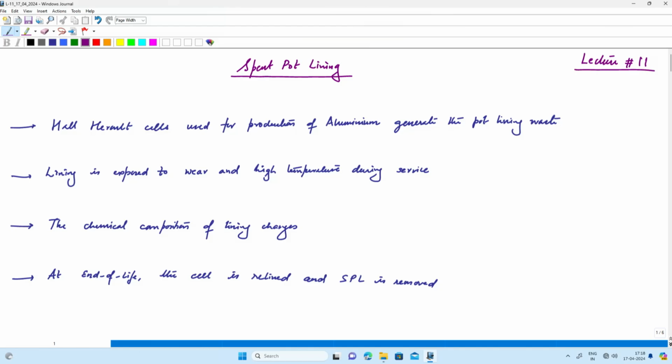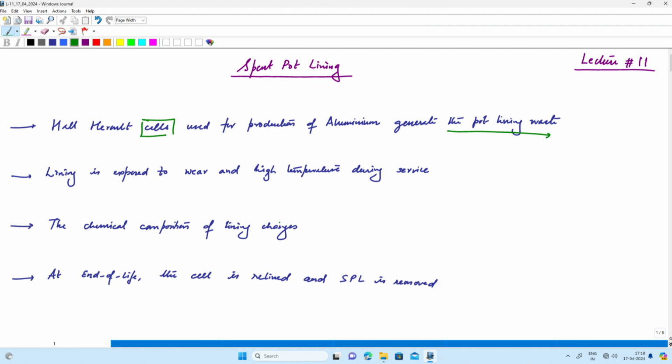So, basically it is the electrometallurgical route of producing aluminum, and we know that such a process requires a cell dedicated to the production of aluminum. These cells are called pots. So, when we look at the Hall-Héroult cells, we see that these are used for production of aluminum, and these cells themselves generate the pot lining waste.